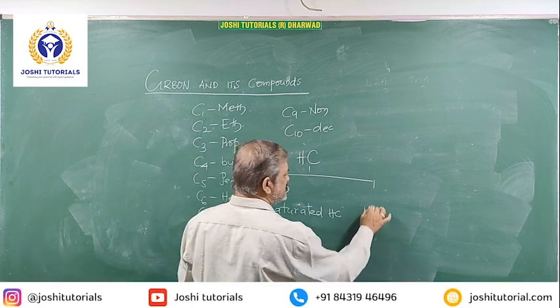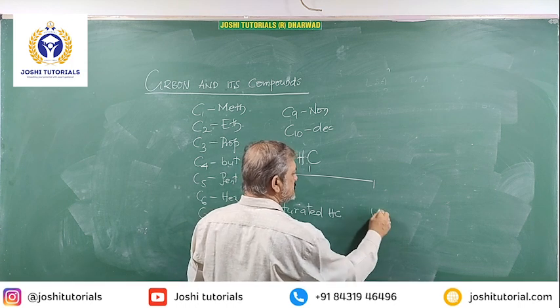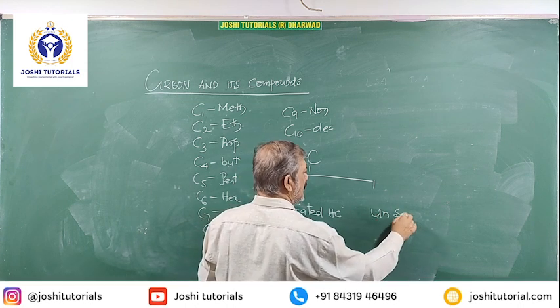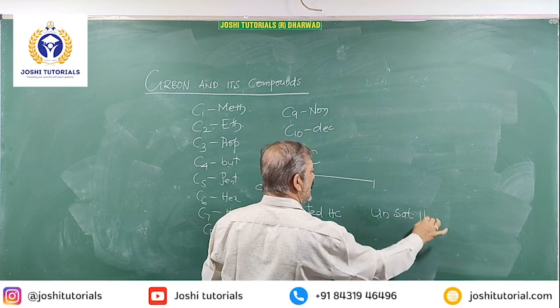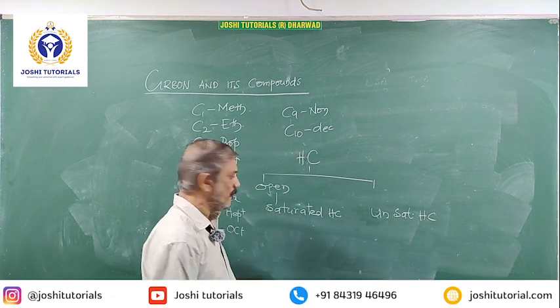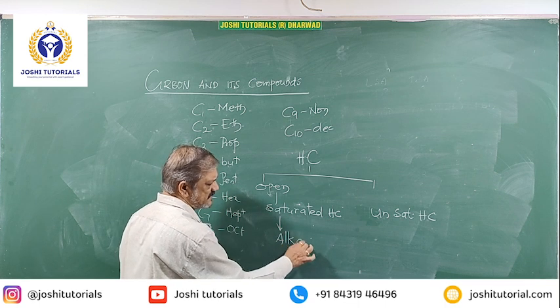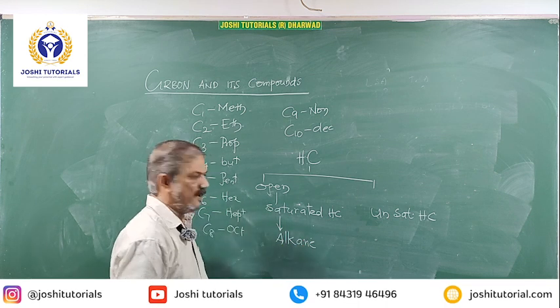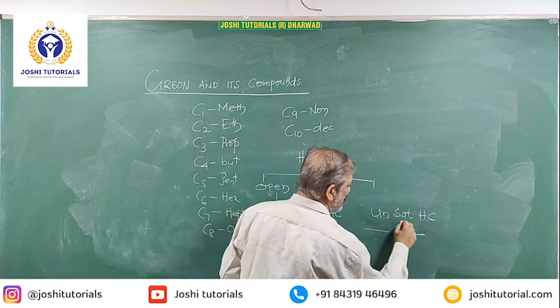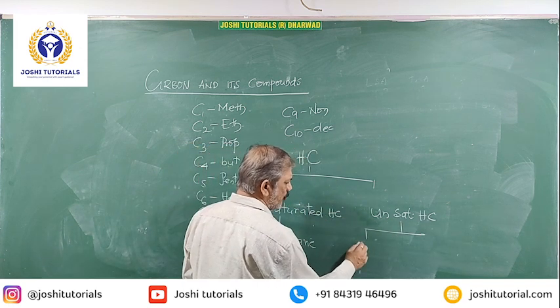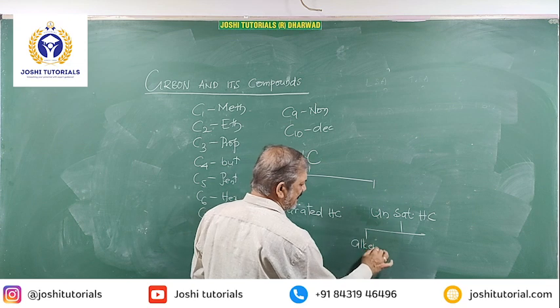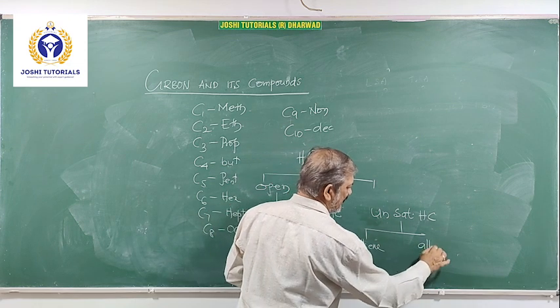Another one, unsaturated hydrocarbons. In saturated there is only one type, which we call alkane. And in unsaturated, there are two kinds. One is alkene, another one is alkyne.